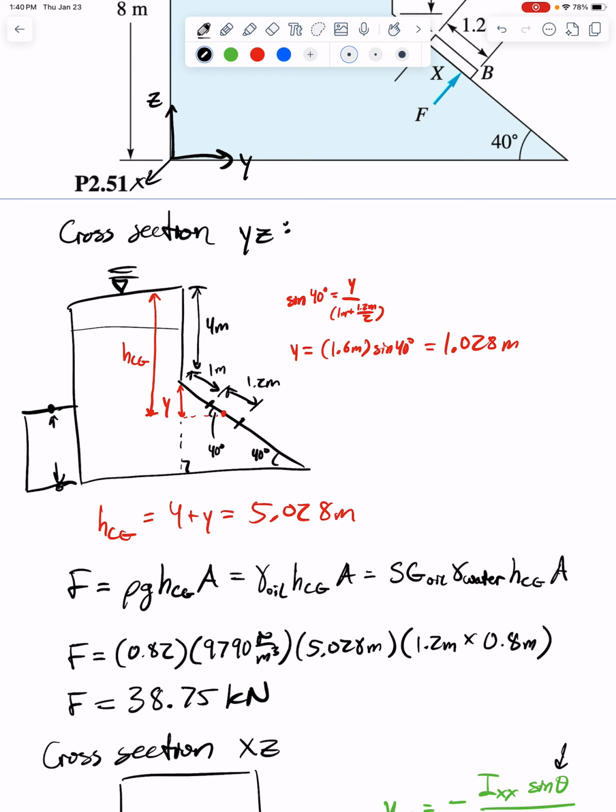So that whole term cancels out, and the center of pressure is located at the same place as the centroid for horizontal surfaces. However, for vertical surfaces, that's where you see the maximum distance between the CP value and your centroid. That's what the sine angle term is referring to.